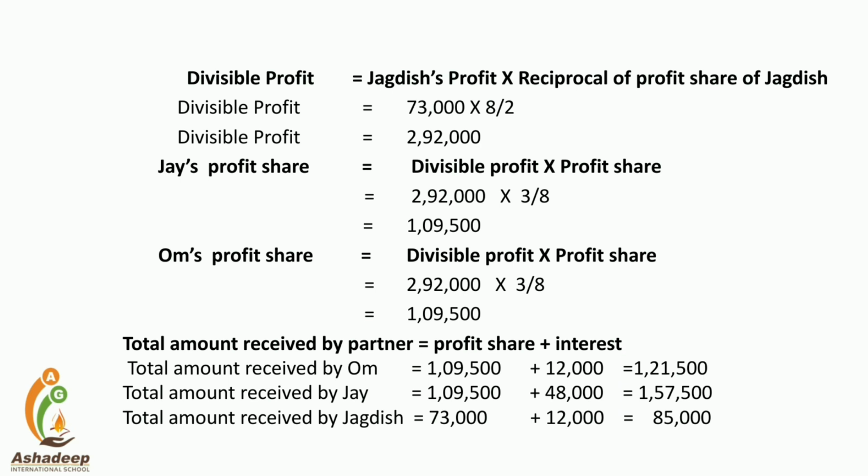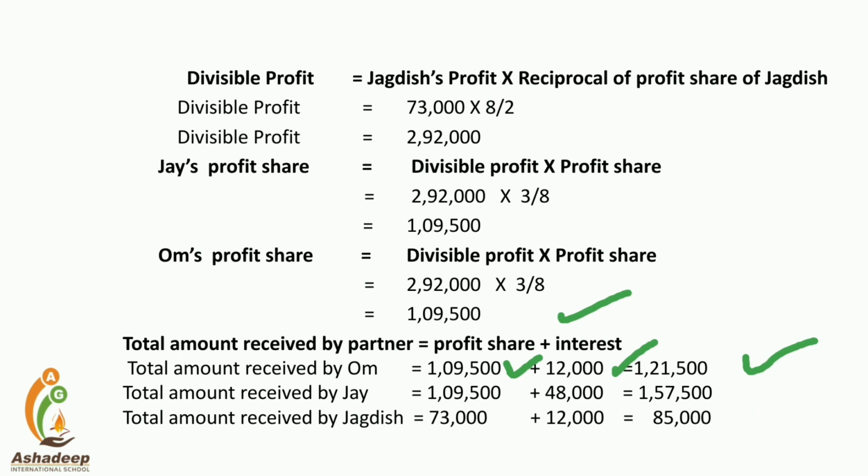Now we have to find the total amount received by all the partners. There are only two incomes, profit share and interest. So total amount received by Om is equal to his profit share, rupees 1,09,500, and his interest is 12,000. By adding these two incomes, we get rupees 1,21,500, which means Om received total 1,21,500 from the firm.